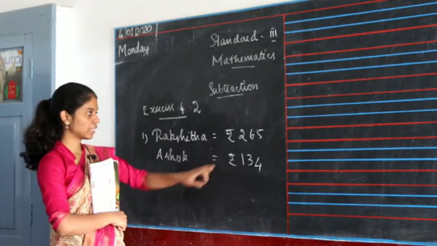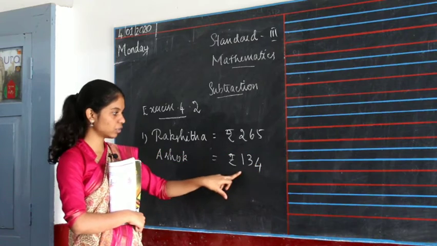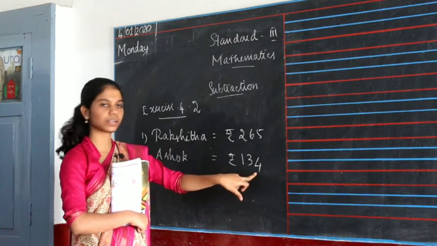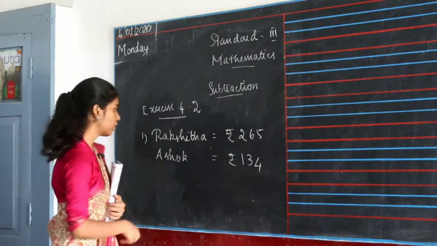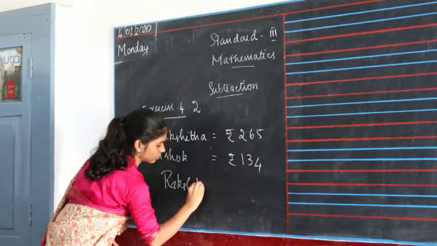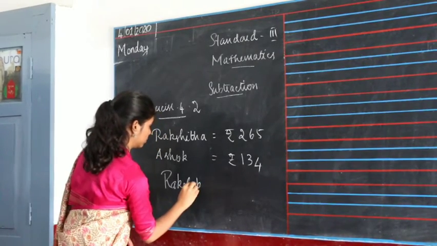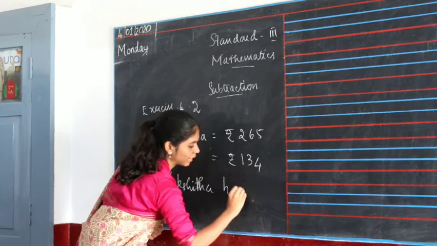First, if you see here, you can say 265 and here you can see 134. Which is greater? This is right. So Rakshita has more money.